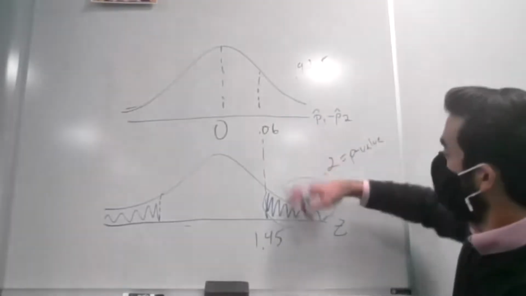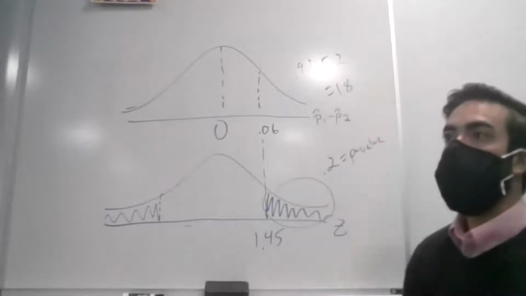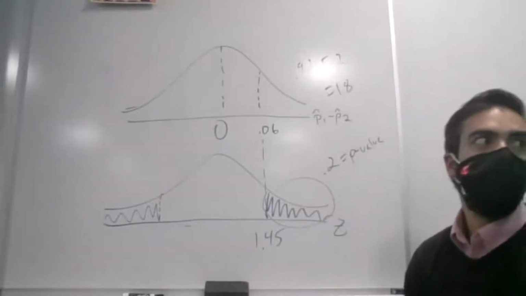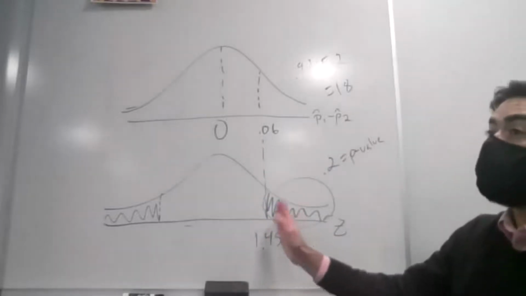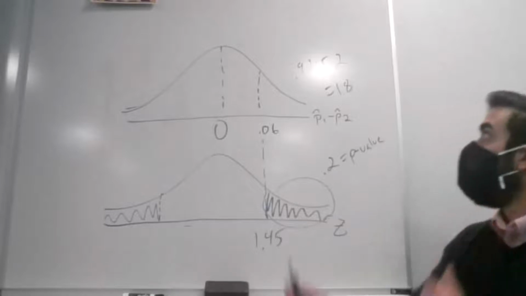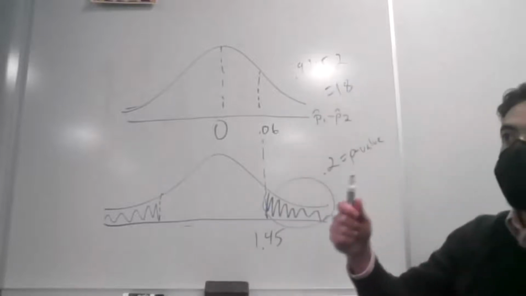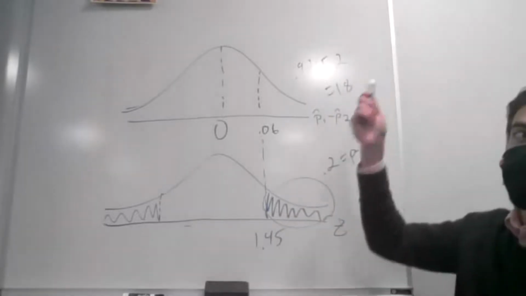Now, let's say you took that 0.9265 and thought it was the area in this tail, so you multiplied it by 2 and got 1.8 something. Right away, you know that answer can't be right, because a p-value is the probability you saw something as far away from the assumed true value or further, and probabilities can't be greater than 1. So you know you should have subtracted something from 1 at some point.